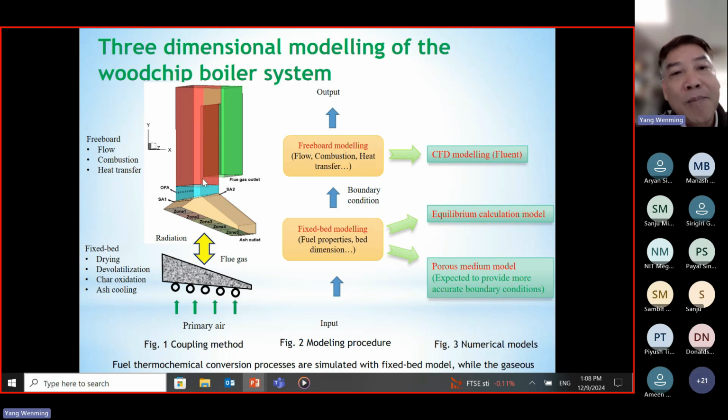Then in this CFD model, we use three-dimensional modeling to simulate the detailed chemical reaction process, combustion process, and heat transfer process.